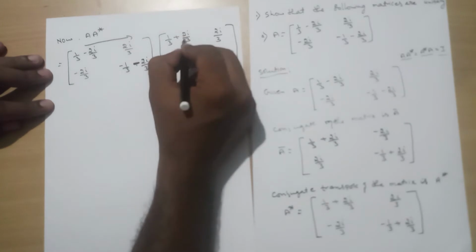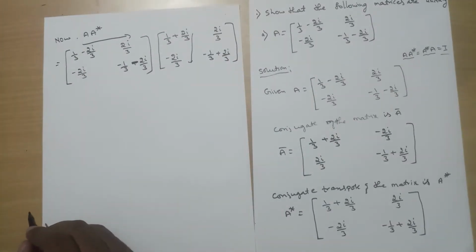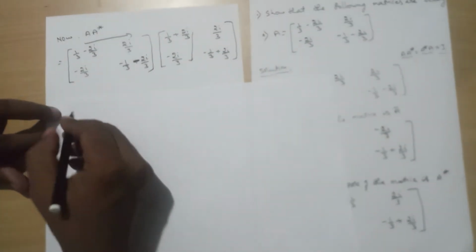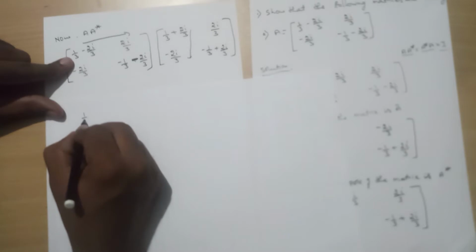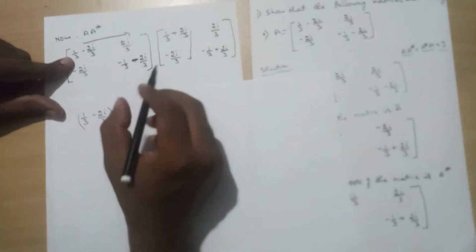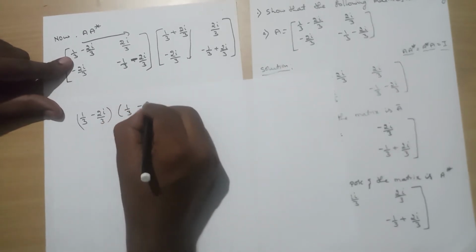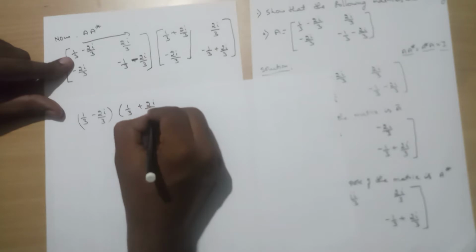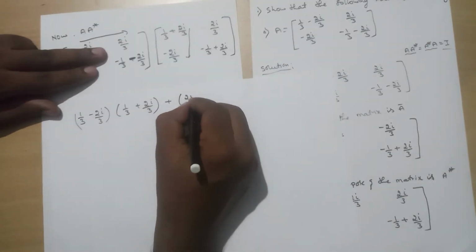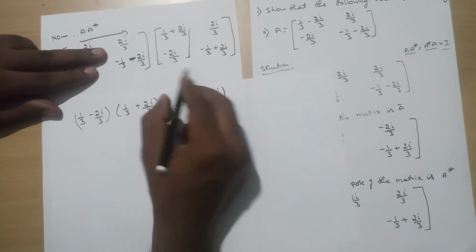So matrix multiplication ಮಾಡಿದ್ರೆ ಏನು ಬರುತ್ತೆ, here ಇದು, so 1 by 3 minus 2i by 3, okay, into this one. So what do you get, 1 by 3 minus plus 2i by 3 plus ಇದು ಮತ್ತು ಇದು, so 2i by 3 into minus 2i by 3.